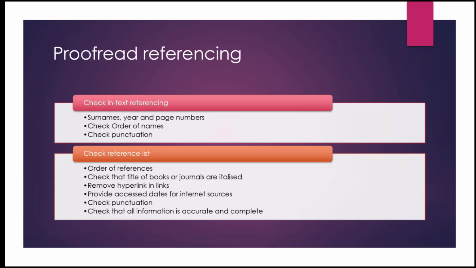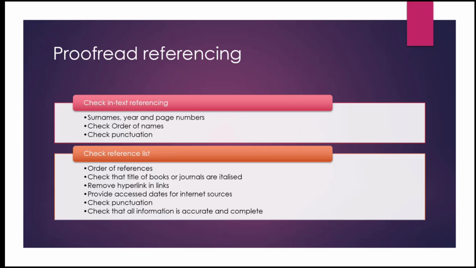Now, let's give some attention to referencing. The next thing when you are proofreading, after you've proofread for the grammar and for the format, the title page, is to check the referencing. When you're looking at your referencing, the first step is to please get your guide.